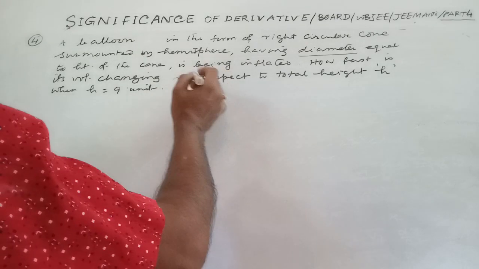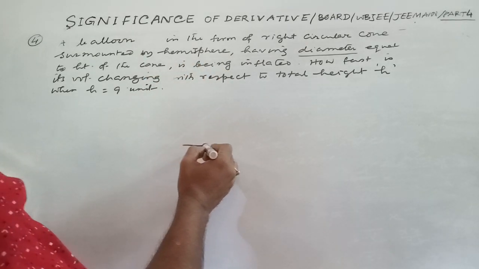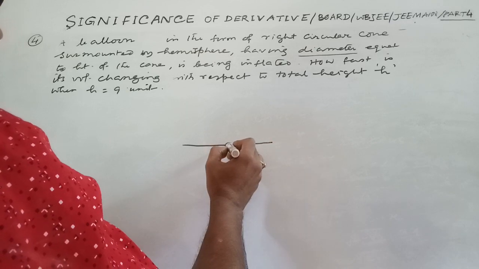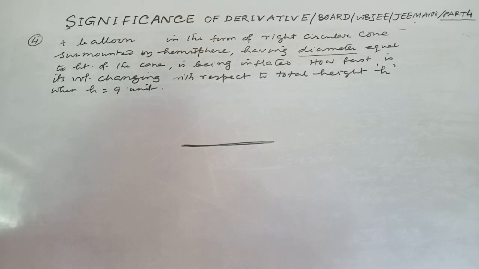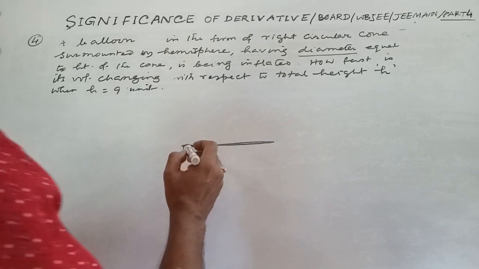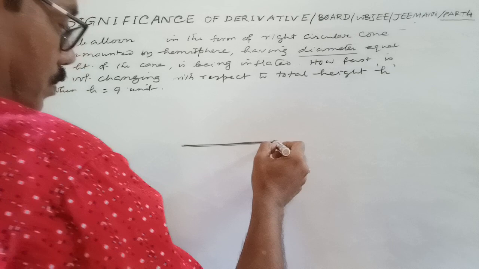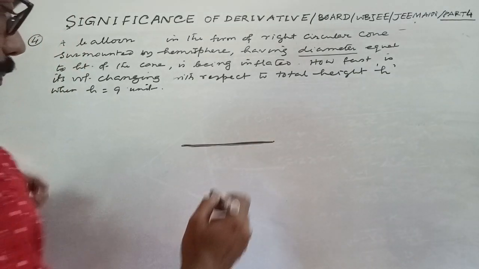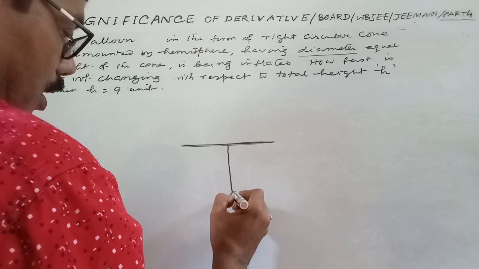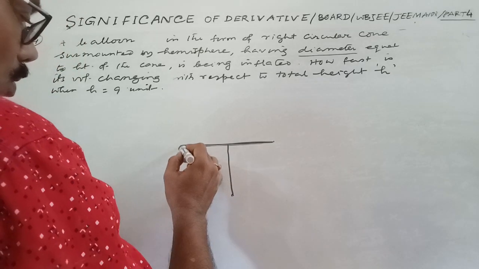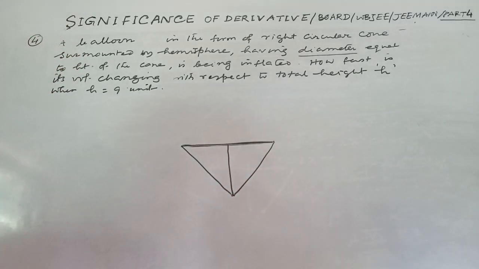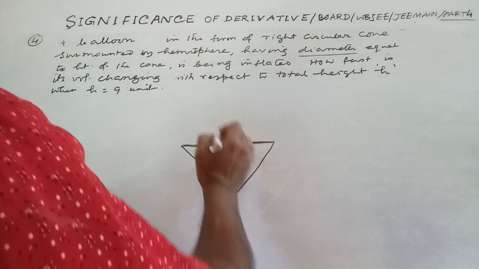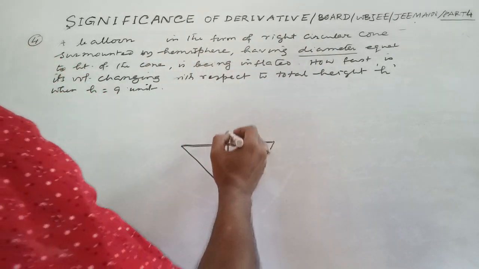That is, look, a cone whose diameter equals the height of the cone, surmounted by a hemisphere, a half sphere.